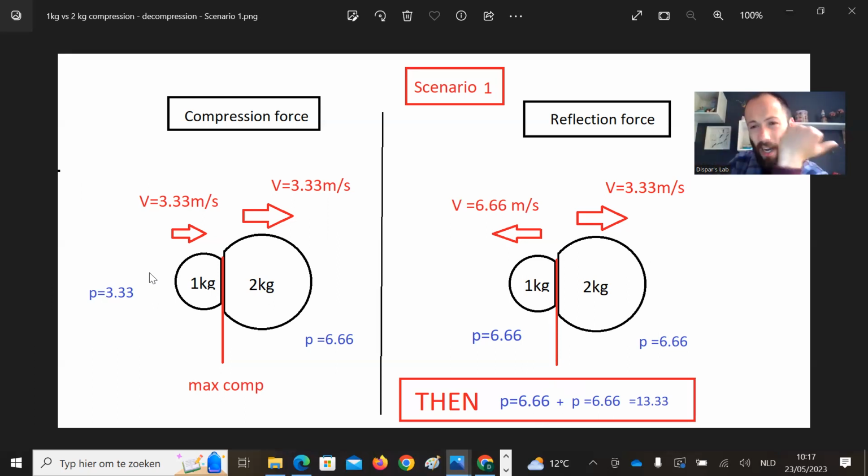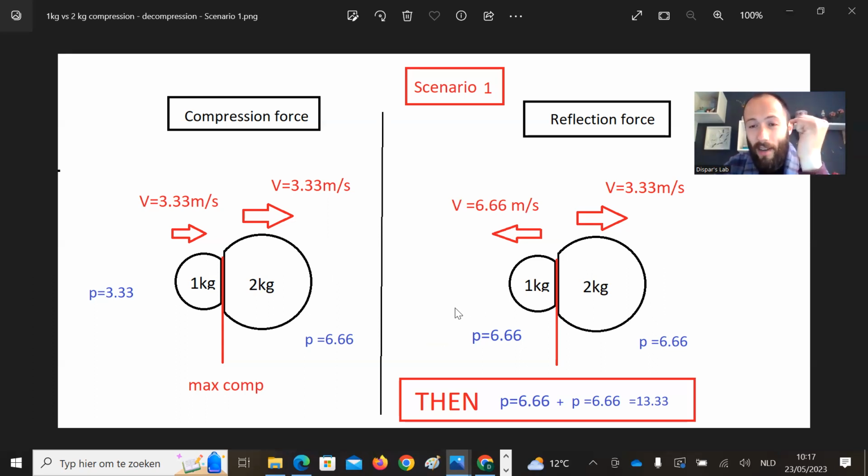And then it's being pushed back with 6.66 momentum. Somehow, yes, it decelerates the velocity, and then at a certain point, the momentum will be 0. And then it will start to increase again.